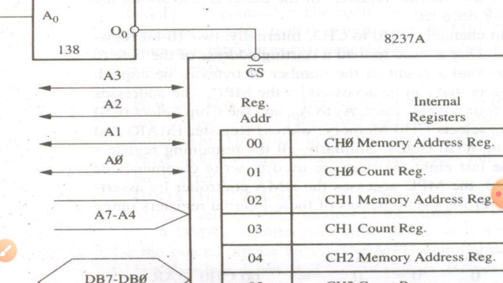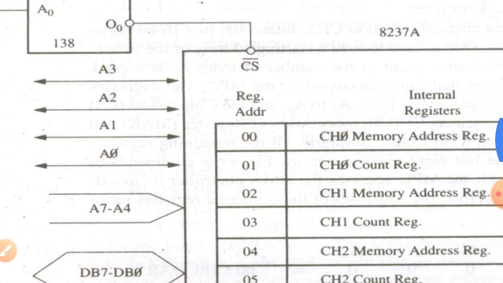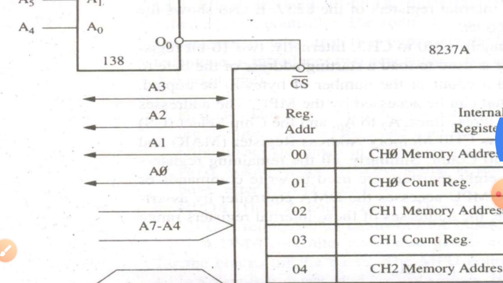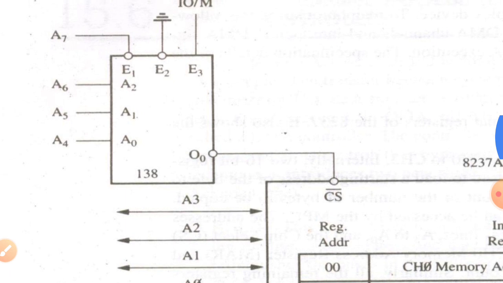Now, the address of the individual register of each channel is also different, meaning the memory address register will have address 00 and the channel 0 count register will have the address 01. So it all depends upon the values of A0, A1, A2, A3 and chip select, and chip select is connected with the output of the 3 to 8 decoder where the input lines are A4 to A7.